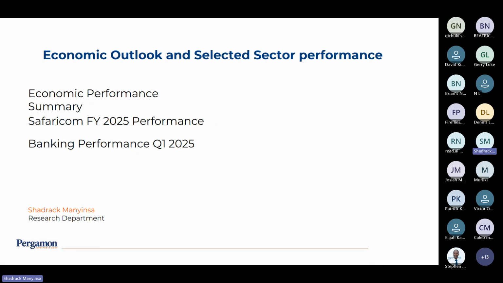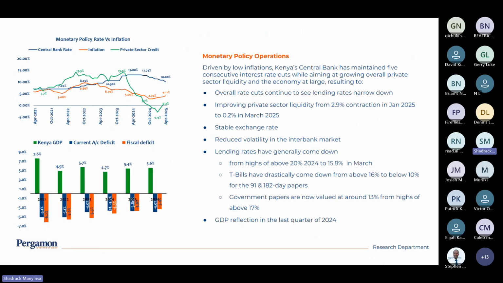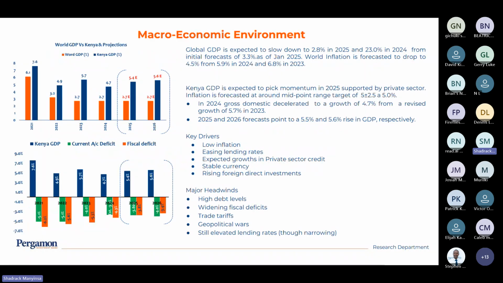We saw last year the economy record a 4.7% growth, which was quite a lower growth compared to what was there in 2023. There are so many headwinds in terms of how the economy has performed, ranging from high interest rates, to the rising cost of living, and so many others, which include a constant campaigning period.